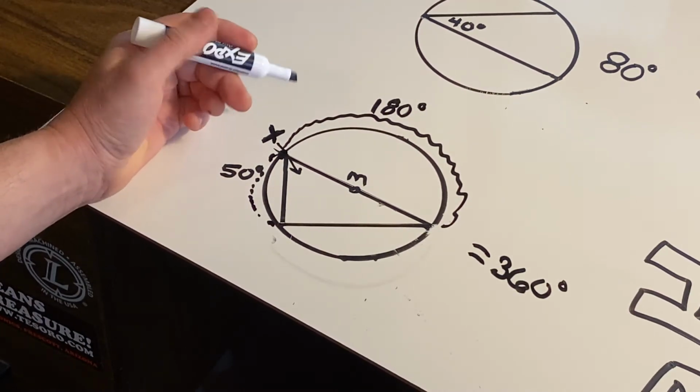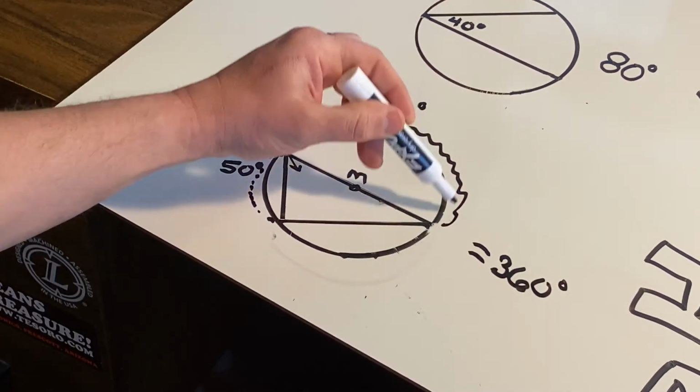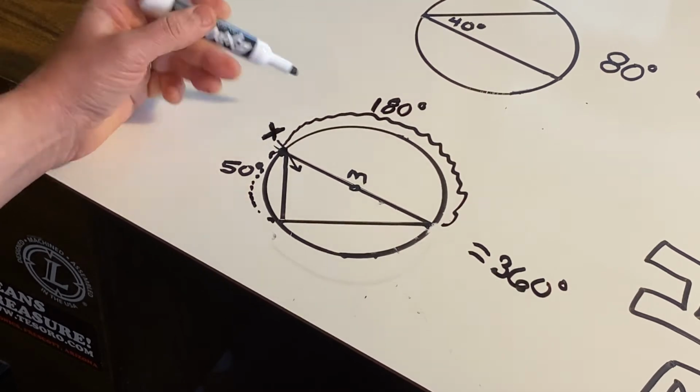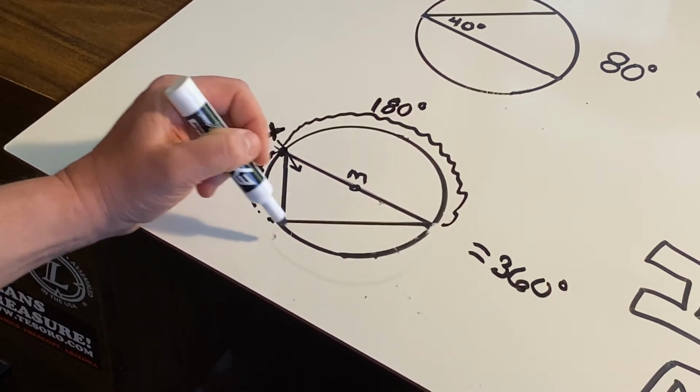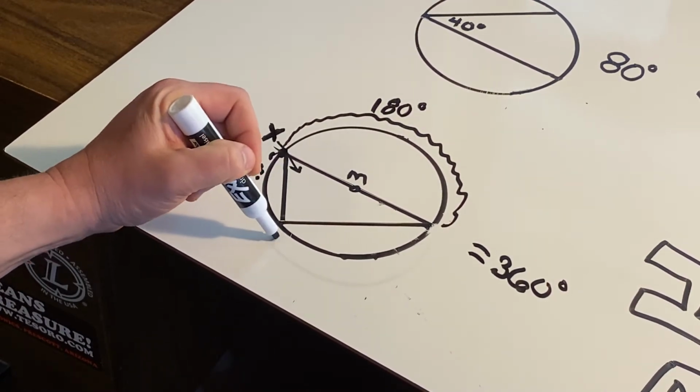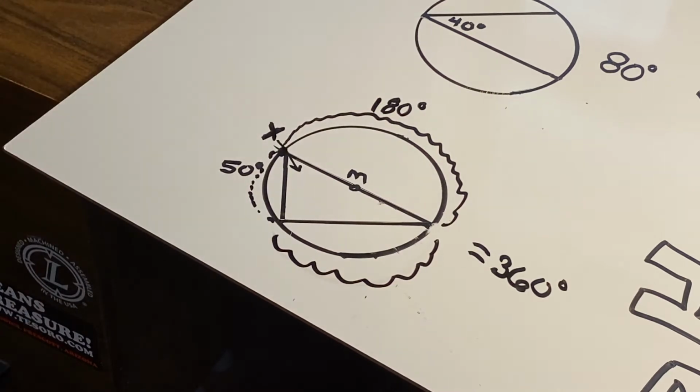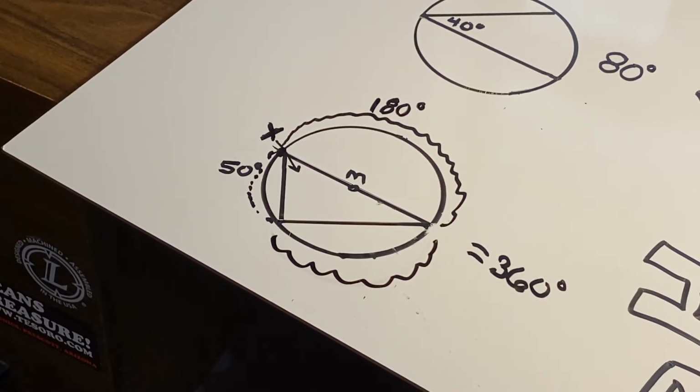Now, if we know that this complete half is 180 degrees, and this section is 50 degrees, then that tells us the remainder of the circle is going to be 360 degrees minus 180 degrees, and then we subtract 50 degrees from that, and that gives us 130 degrees.